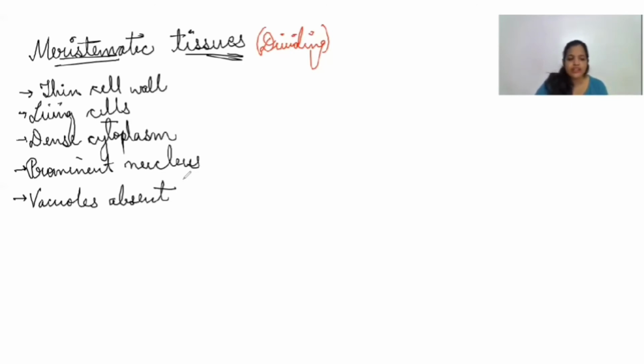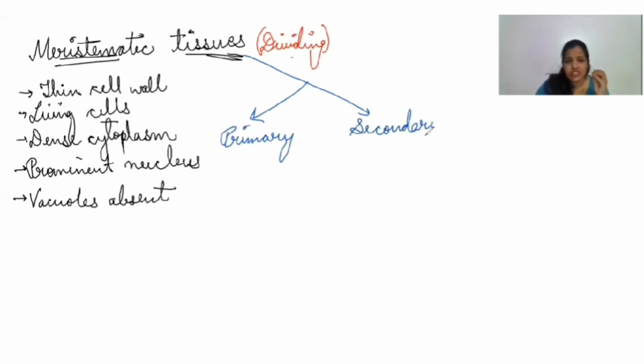Clear? Now coming to the classification of meristematic tissues, guys, we have got two kinds of meristematic tissues. Let me make the classification over here. The first kind we have got is primary, and the second one is secondary, of course. No tough terminologies.